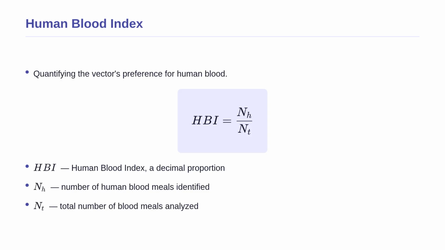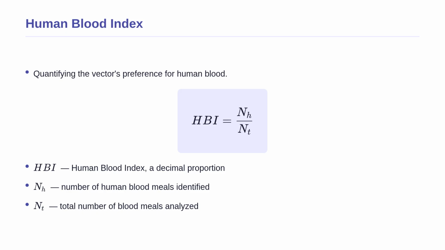Since we know that preferring humans makes a vector dangerous, we need a way to measure this mathematically. This brings us to the human blood index formula. Conceptually, this formula calculates the percentage of times an insect chooses to bite a human compared to all its available choices. In the equation, HBI stands for the human blood index.